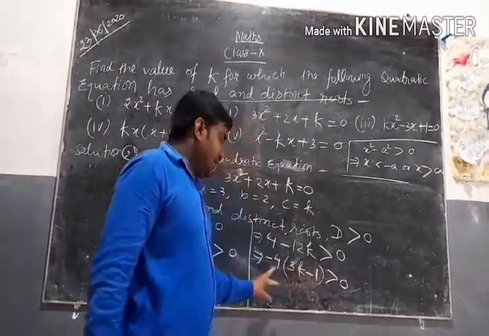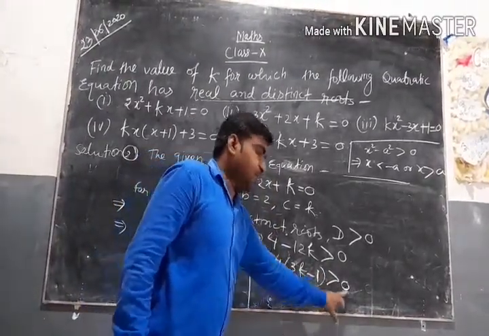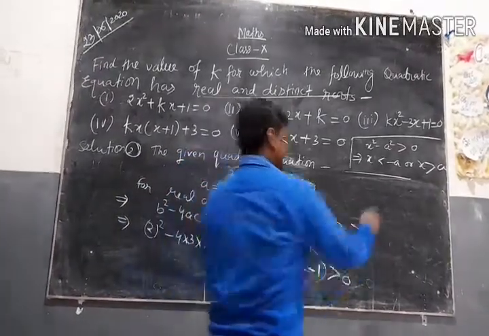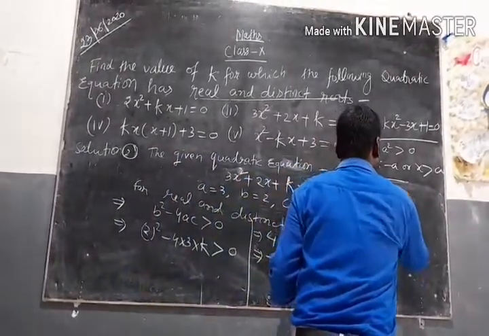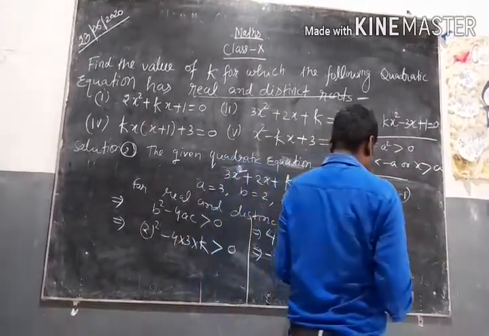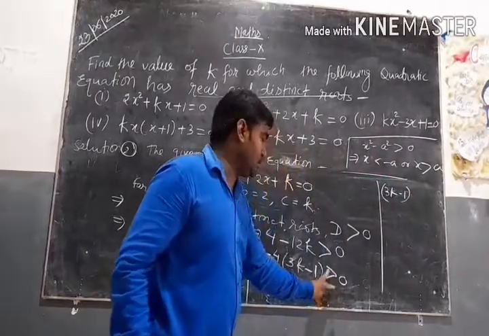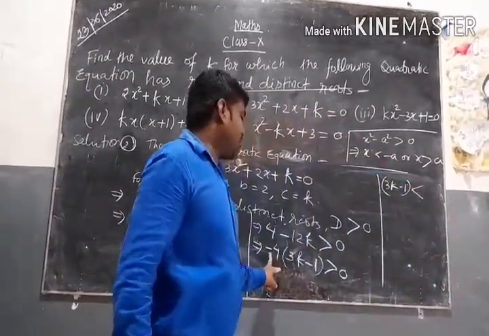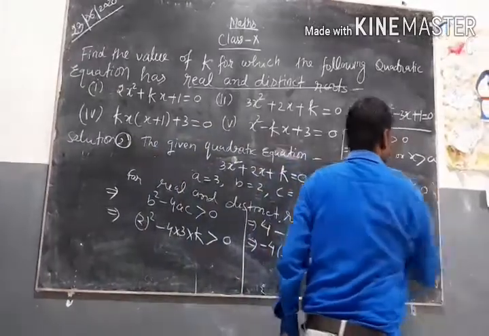From the next line, on dividing by minus 4 on both sides, it becomes 3k minus 1, and the inequality must be changed. It is a greater than sign, so we have a less than sign, and 0 divided by minus 4 also gives 0.